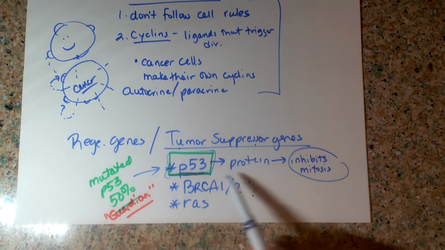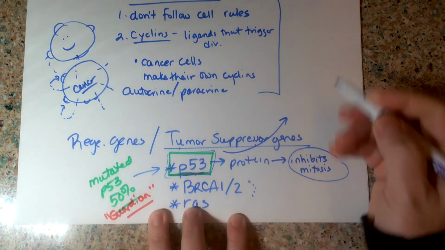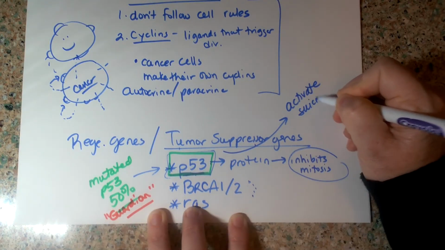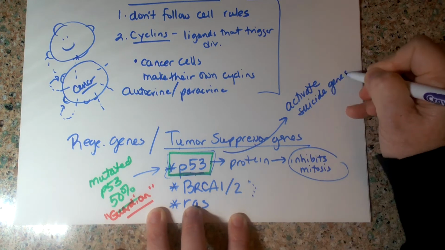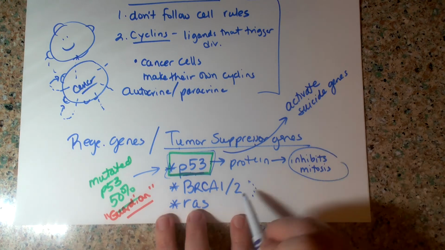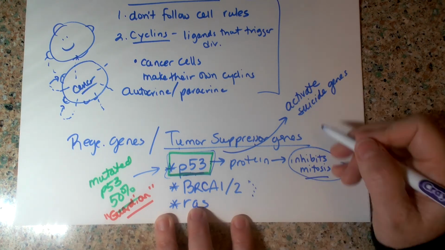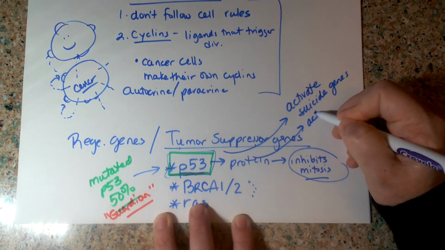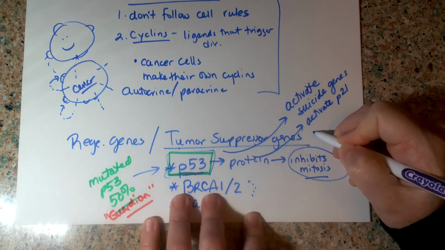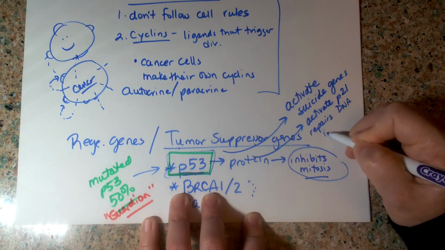Another quick thing that P53 can do is activate suicide genes. So he's like the guardian of the galaxy here. He can make a lot of things happen. He can inhibit mitosis, or he can activate suicide genes. He can also activate a gene called P21, and P21 repairs DNA in cancer cells.